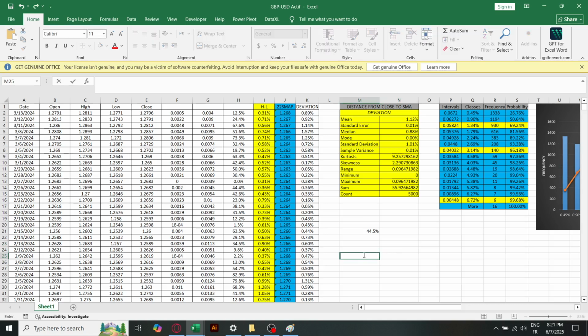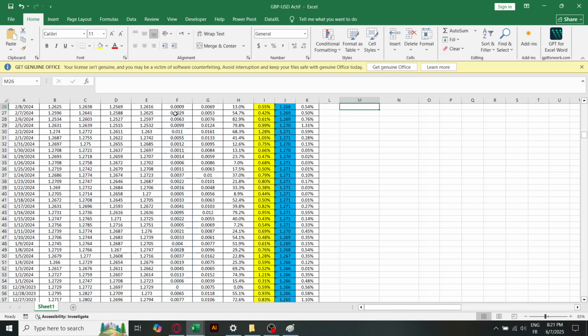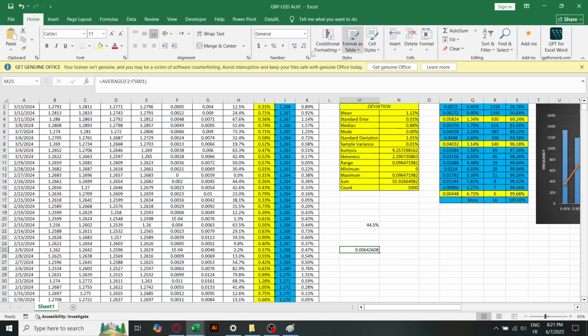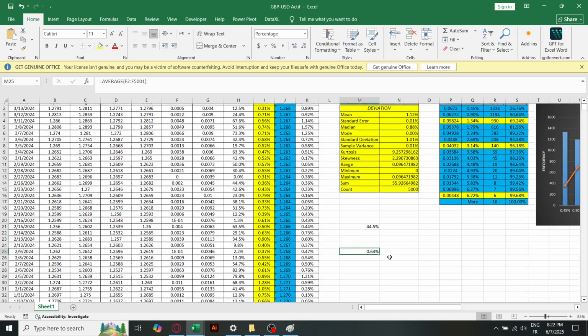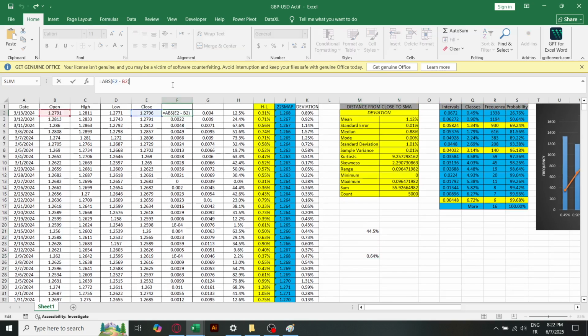So if I go for the average of those, then I'll turn it to a percentage. Wait, I'm sorry, this is not the daily return. The daily return is calculated like this.